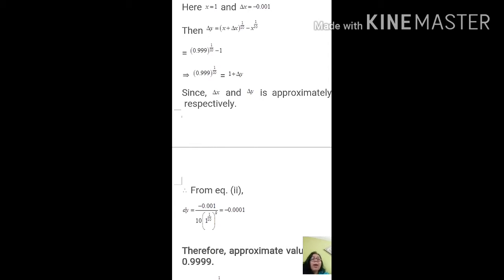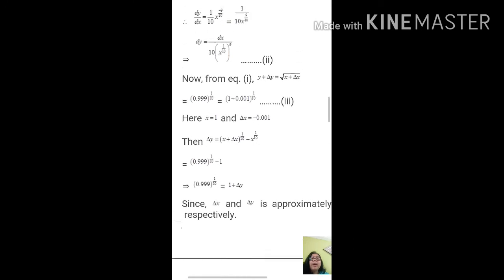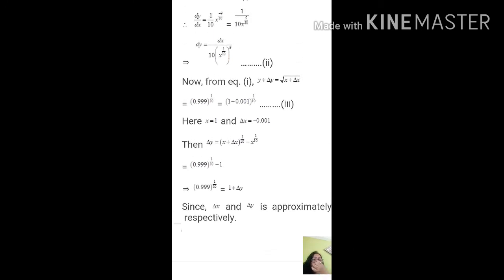So delta y is equal to dy/dx into delta x. Delta x is minus 0.001, and 1 by 10 into 1 to the power, let us just check the value of dy/dx. dy/dx is 1 by 10, x to the power 9 by 10.